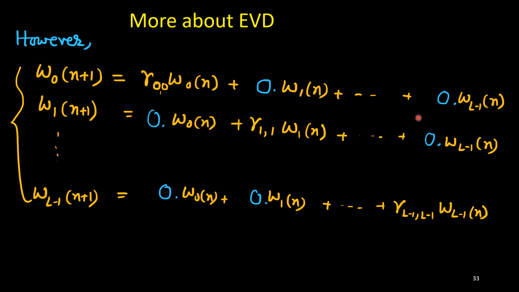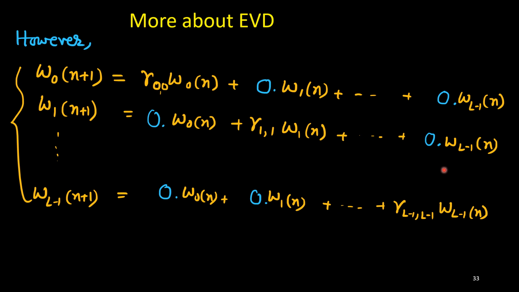Means that if this is a diagonal matrix, then on the left side again we can form a vector, W0 n plus 1, W1 n plus 1, W L minus 1 n plus 1, this column vector. And here we get our matrix, which will become a diagonal matrix, times this column vector W0, W1, W2. Then no issue. But if R is not diagonal, then it is problematic.